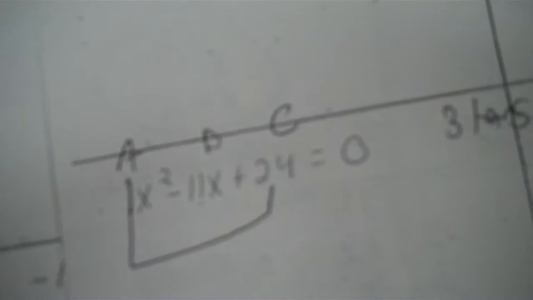Okay, next one, there's 2 answers, but this has 1, 2, 3 terms, so 3 terms. 3 terms we're going to make the chart, so A, B, C. So I take A times C, so I'm going to be taking 1 times 24. 24, this time it's positive, so I'm going to look for a sum that equals 11.